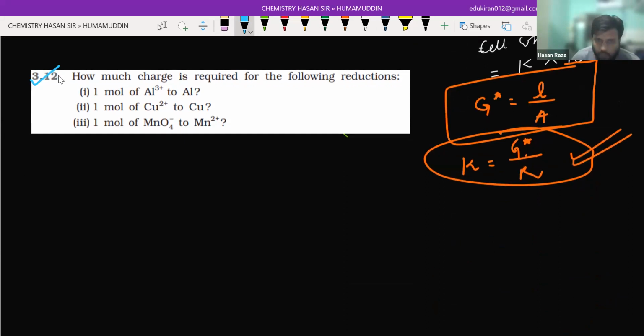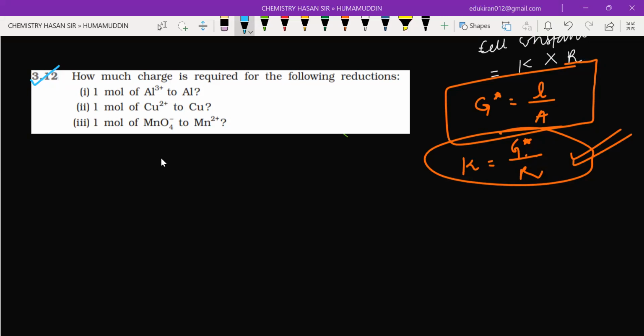How much charge is required for the following reduction? I already explained this in class. Let's see. We'll do it first. Let me know.